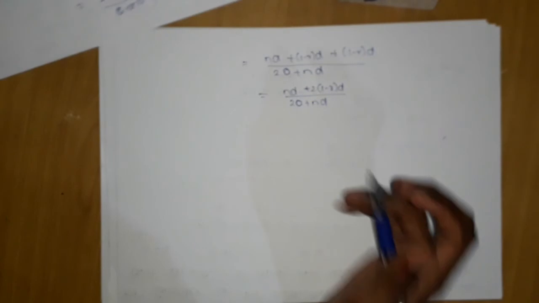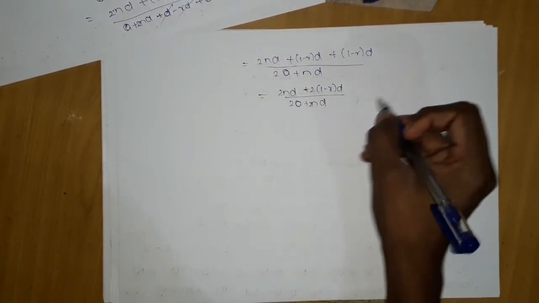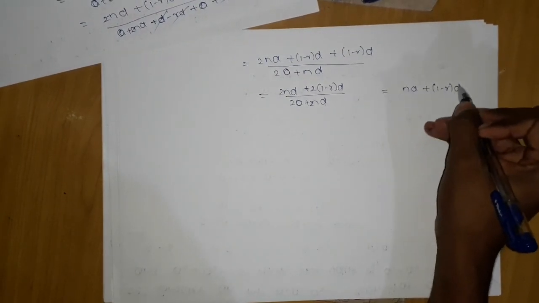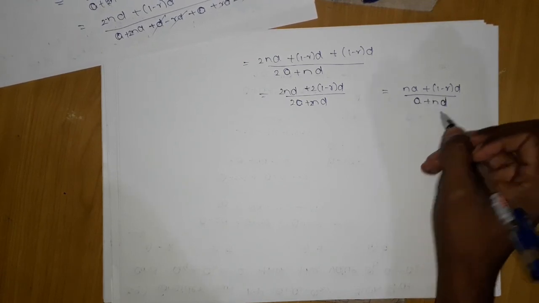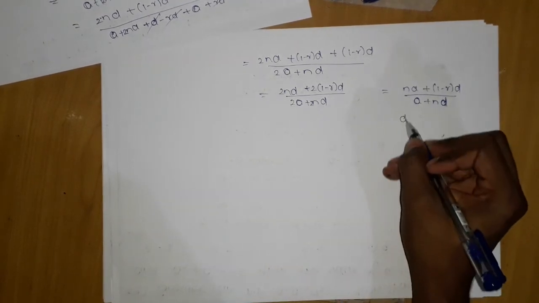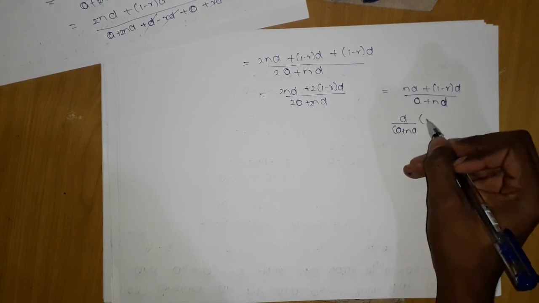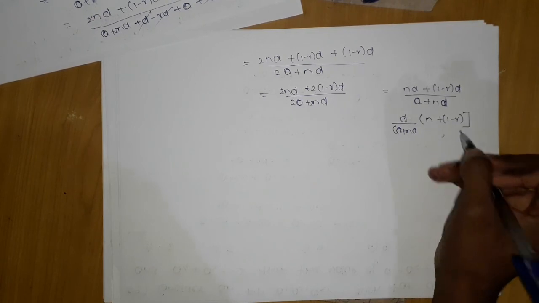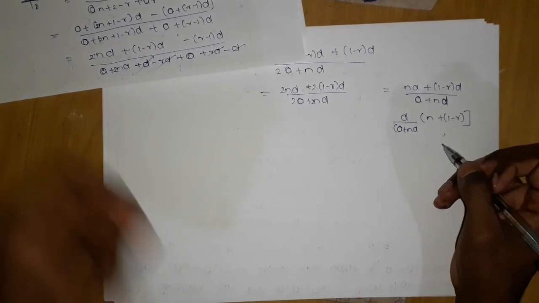One more thing, and here this will become 2nd, this will be 2nd, and this will be 2nd. Okay, here 2 will cancel out, giving me nd plus (1 minus r)d upon a plus nd. Here what is the last thing which is left, which we can do? Okay, so d we can take common from here, and a plus nd, okay, into (n plus 1 minus r). Okay, fine. So what we can do after this?